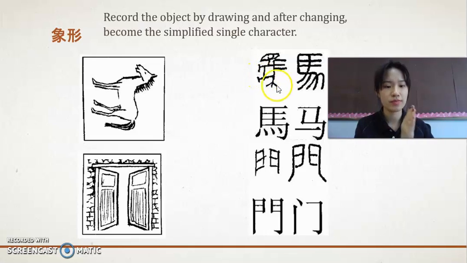And as time passed, centuries after centuries, it became like this and this, more simplified. And then right now, we make it like this, 马, horse. So it still contains some elements of the drawing, but it looks different now. So this is how we create those kinds of words.